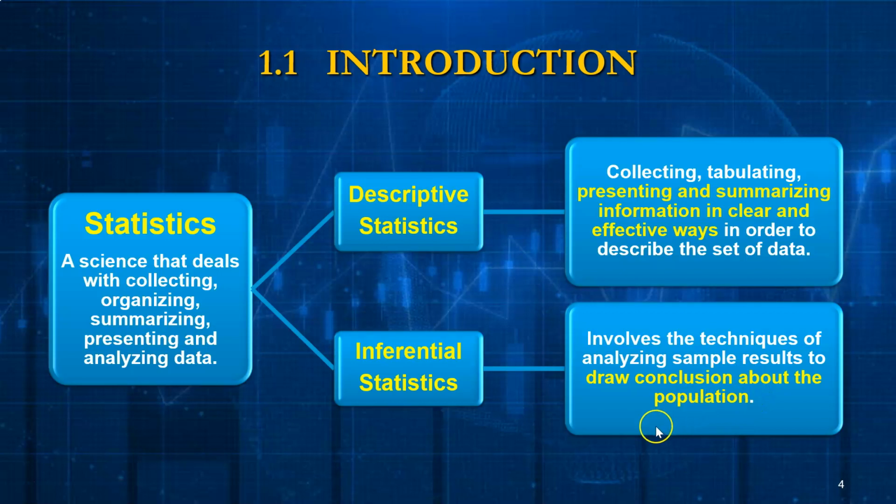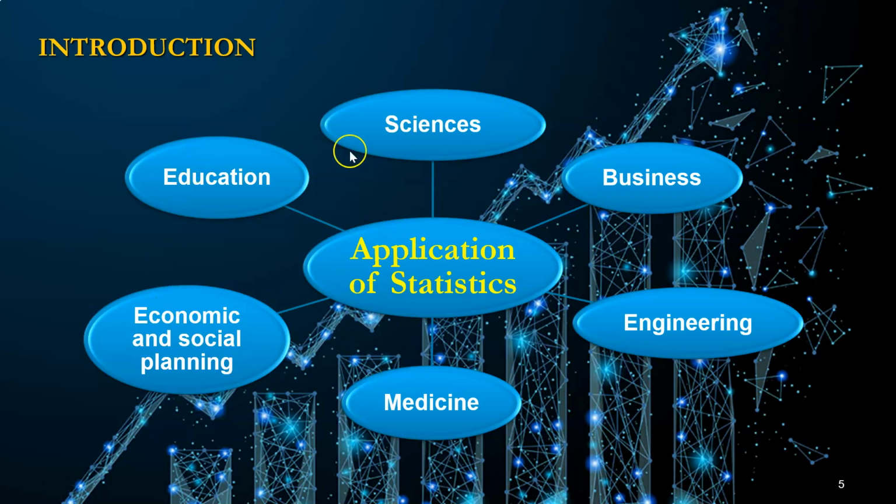So we can see that descriptive means you have to describe what the data is all about, while inferential statistics is you are making conclusion about the population. So these are the very basic definition of statistics. Okay, there are some application of statistics.